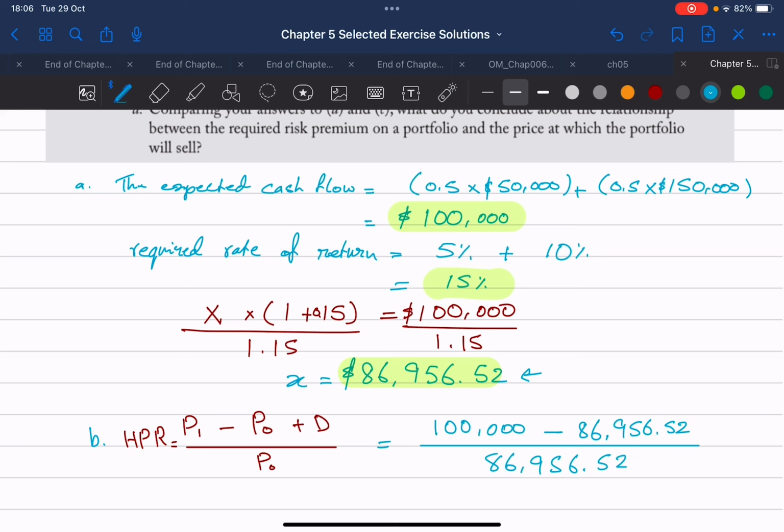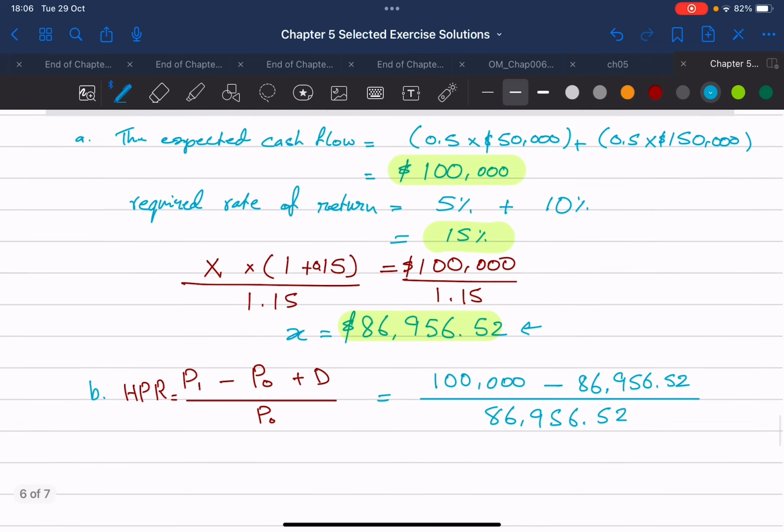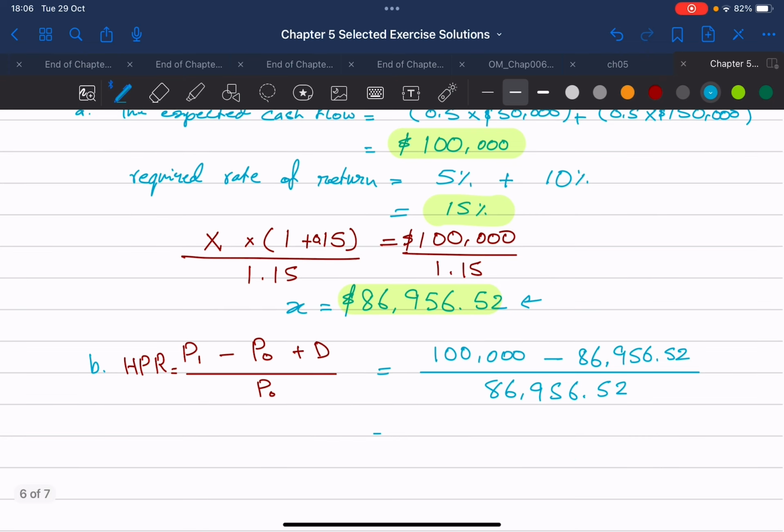In my calculator, it's showing me 0.15000023. So rounding that up, it's 0.15, which is equal to 15%. All right, so it checks.